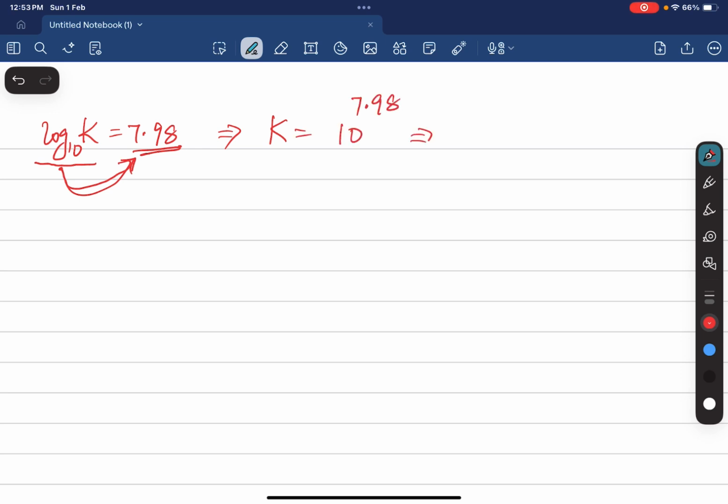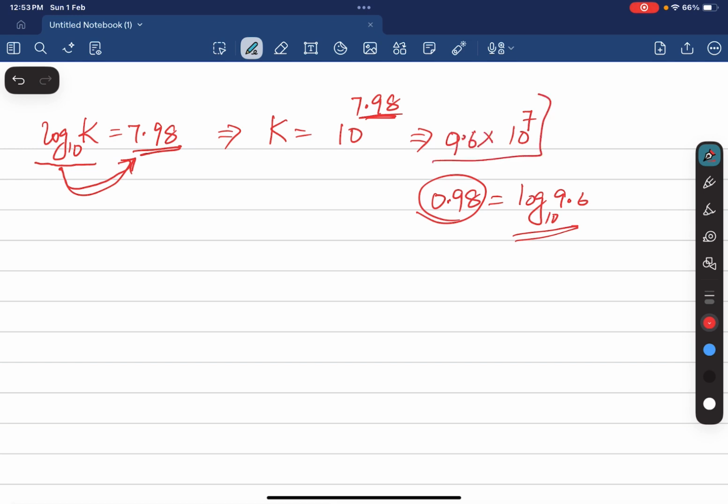This can be simplified by writing 10 power 7 and 0.98 equals log 9.6. So log 9.6 equals 0.98. In place of 0.98 we can write 9.6 into 10 power 7. That is how we get this value, 9.6 into 10 power 7.